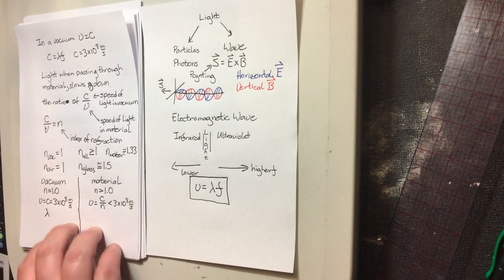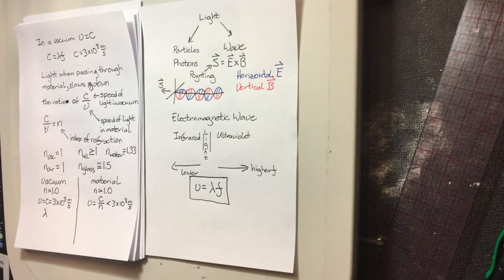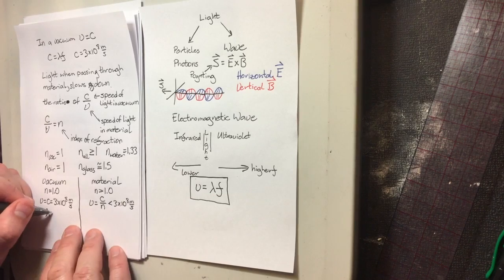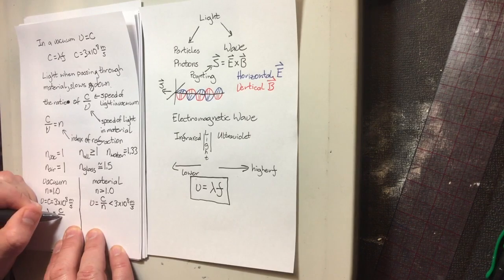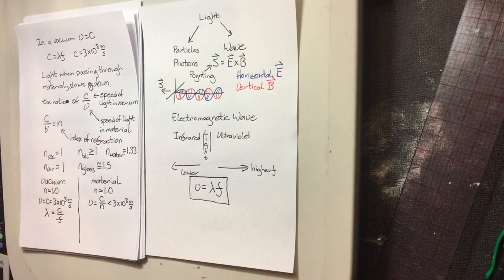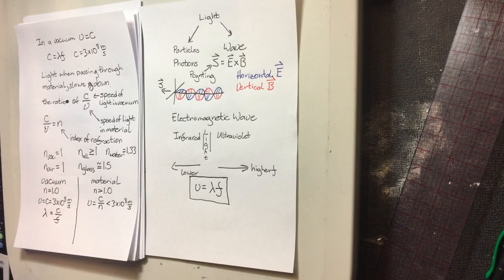Something, well, it's the wavelength, the distance between the waves, and that is c divided by f, where f is the frequency.